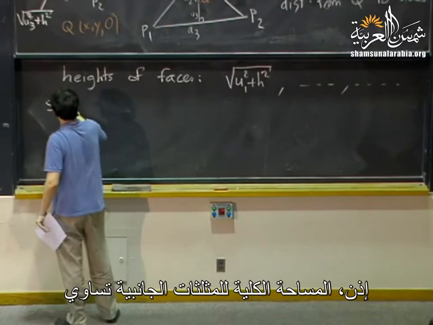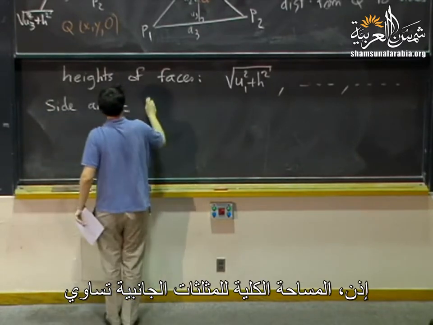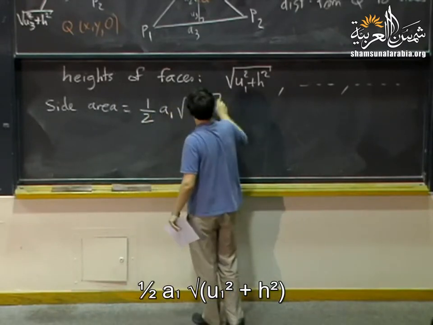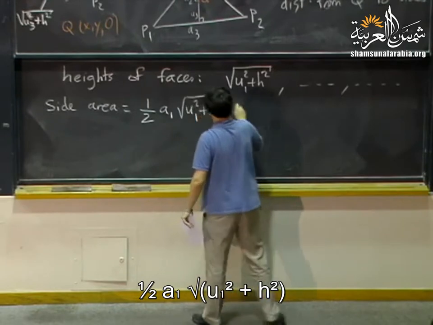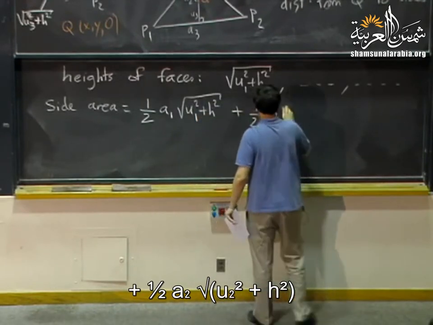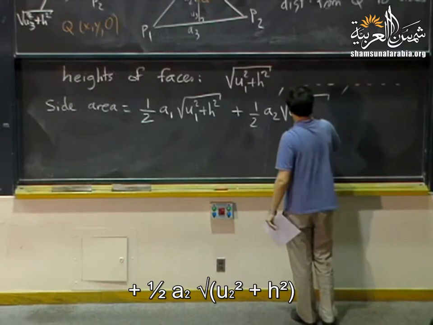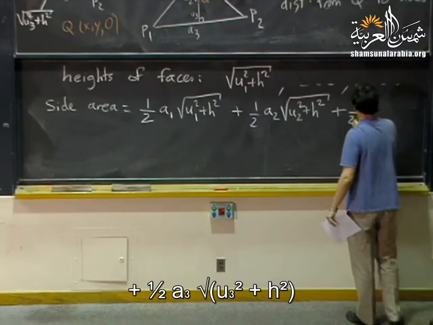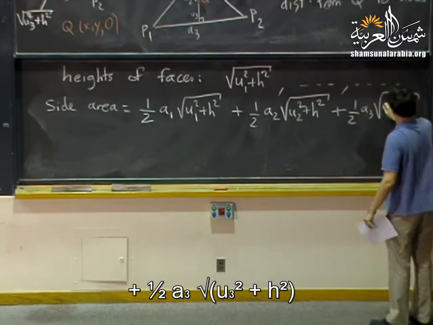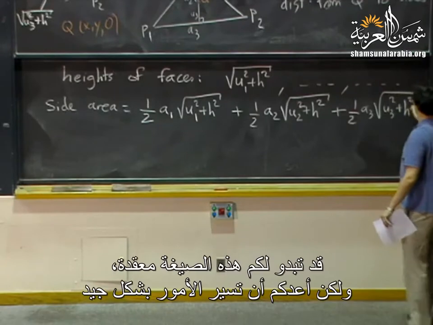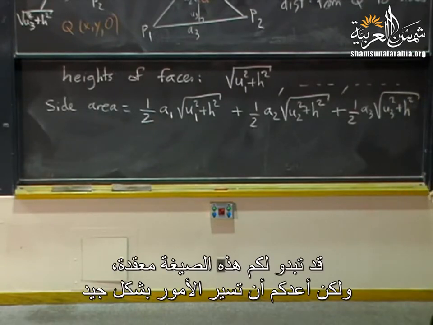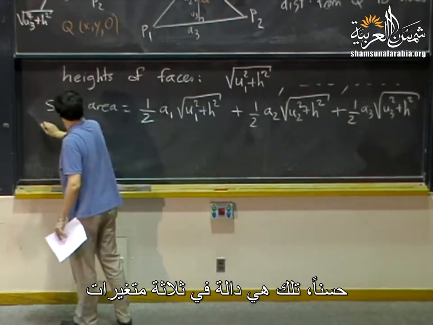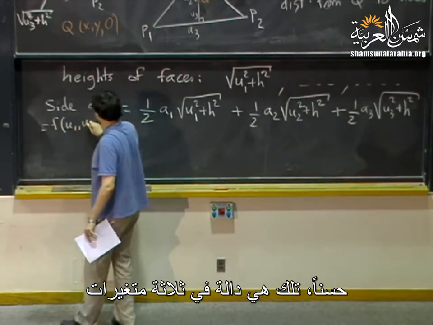So the total side area is going to be, well, the area of the first face is 1/2 of base times height, plus 1/2 of another base times another height, plus 1/2 of the third one. It doesn't look so much better, but trust me, it will get better. Okay, so now that's a function of 3 variables, U1, U2, U3.